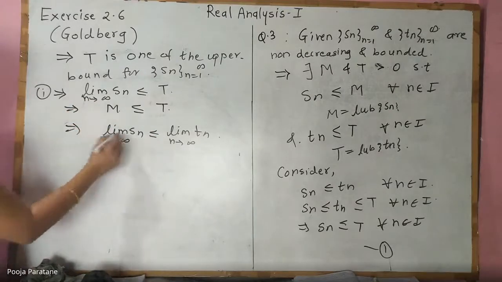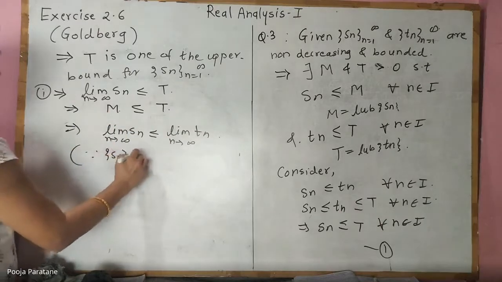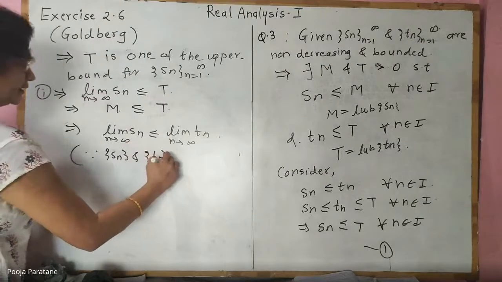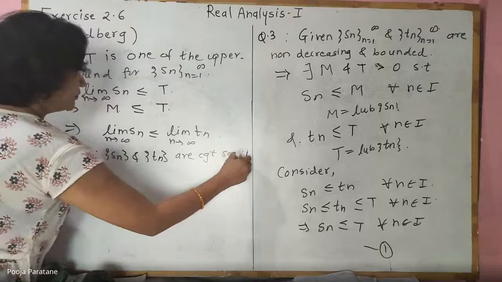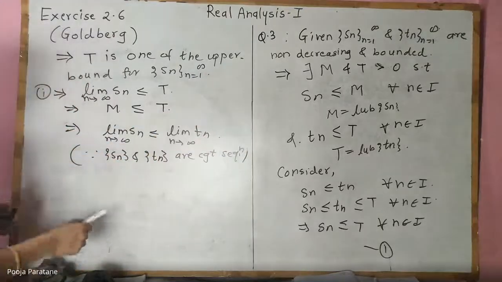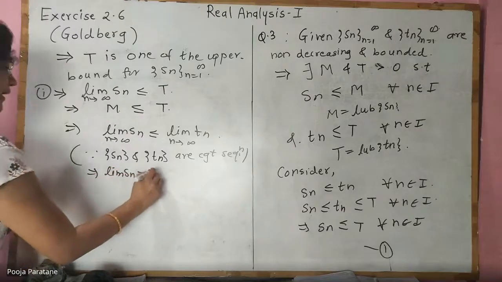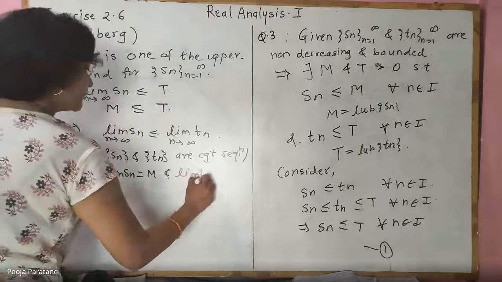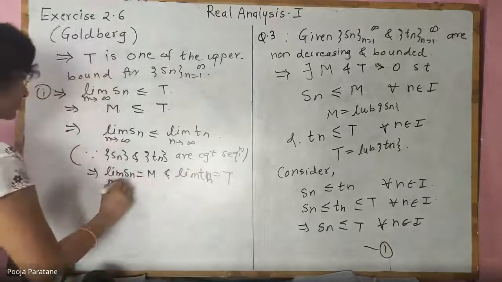You can write it here. Since Sn and Tn are convergent sequences. Why are these convergent? Because they are non-decreasing as well as bounded. This implies limit of Sn equals M and limit of Tn equals T as n tends to infinity.